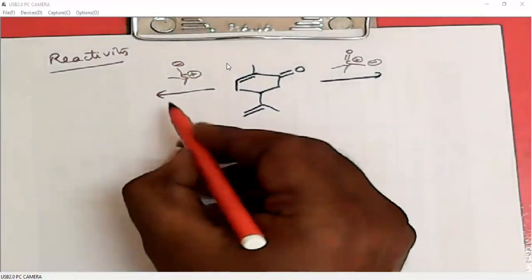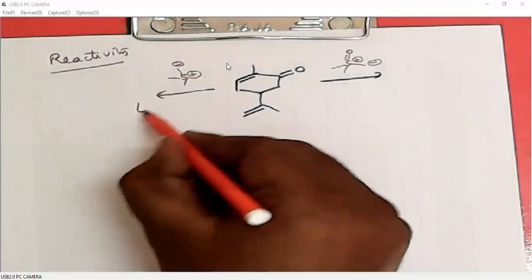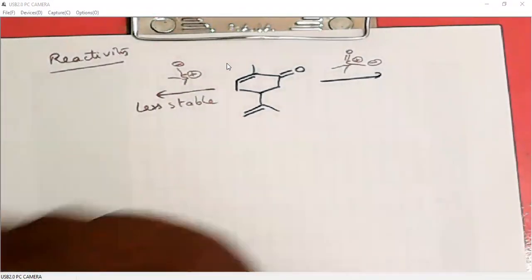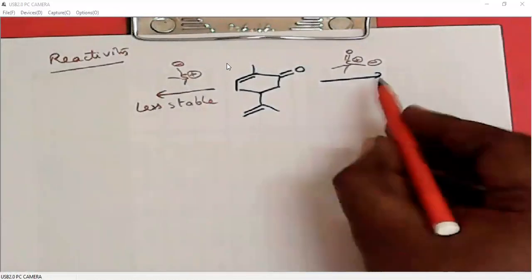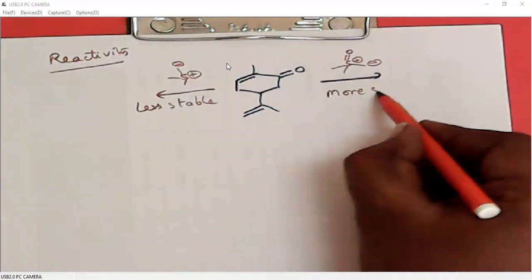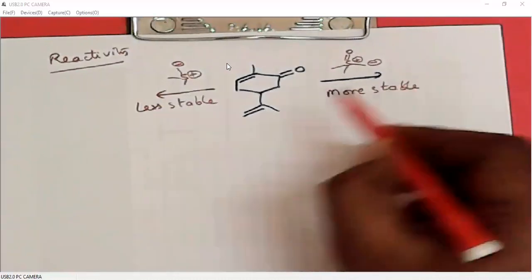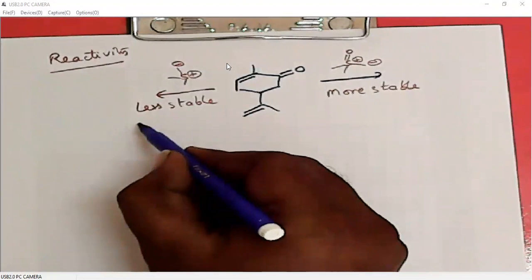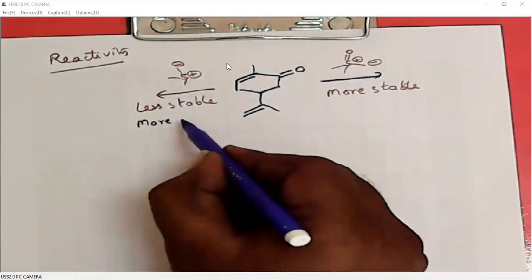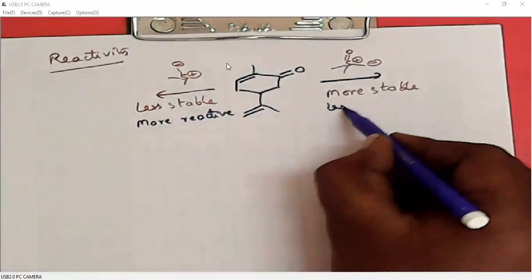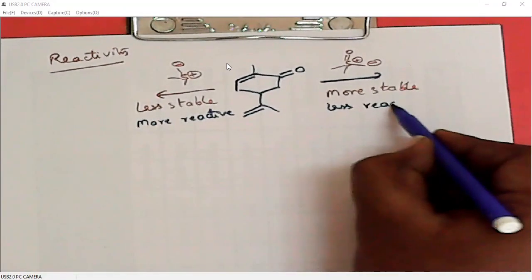Dimethyl sulfonium methylide is less stable, whereas dimethyl oxosulfonium methylide is more stable. If it is less stable, the reactivity is reversed: it is more reactive, and the other is less reactive.